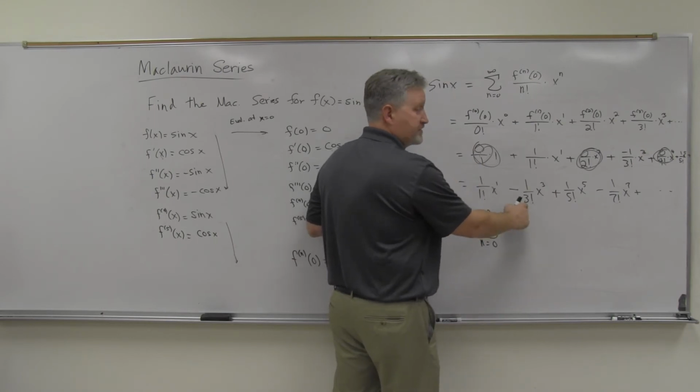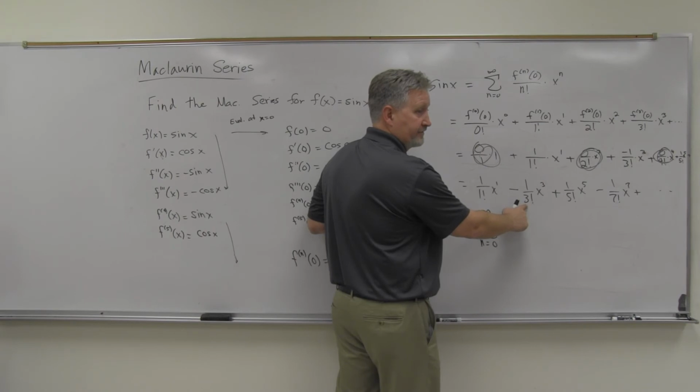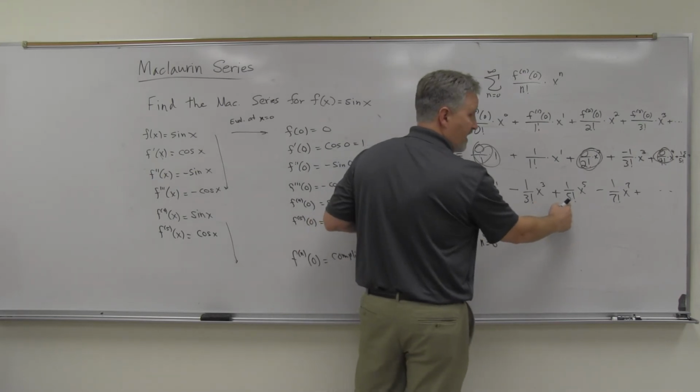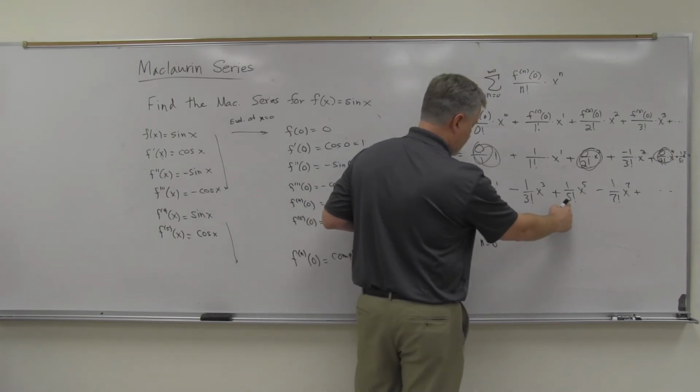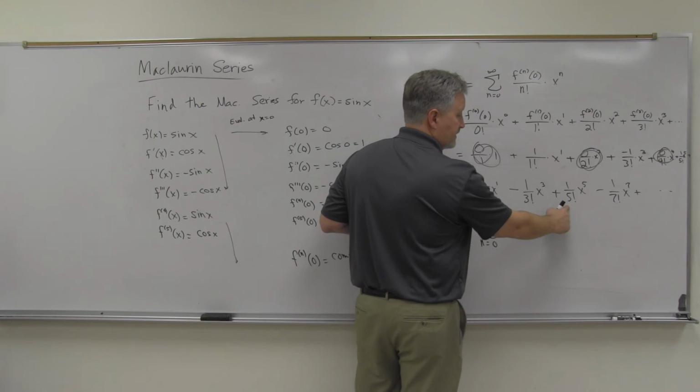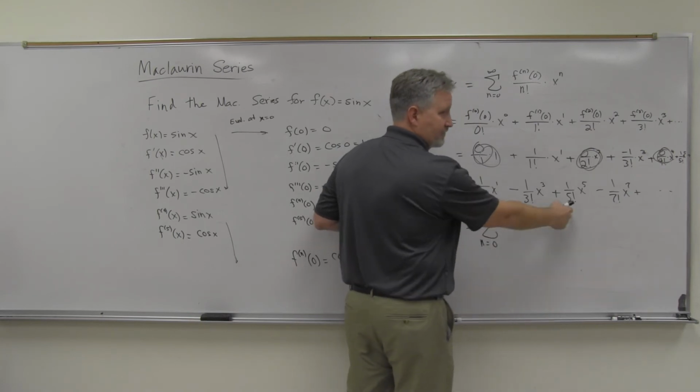However, n plus 1 would not work for that term, because that's the second term, and it's 3. The third term is 5, which would be n equals 2. So n plus 1 is not going to work. It would work for the first term, but not for the rest of them. You see what I'm saying?